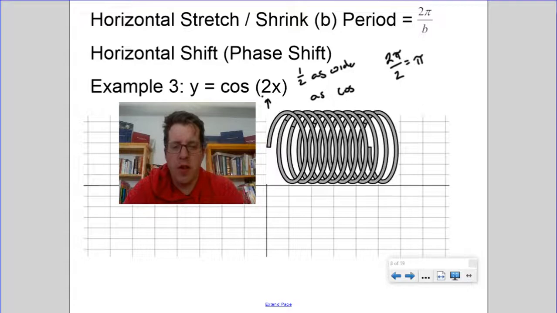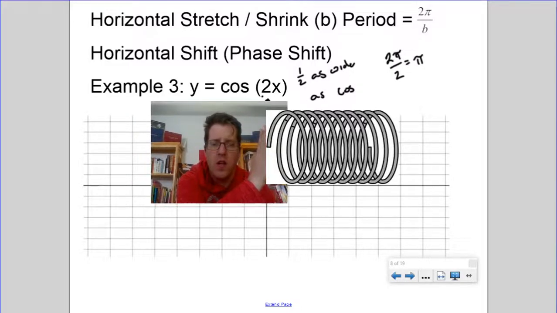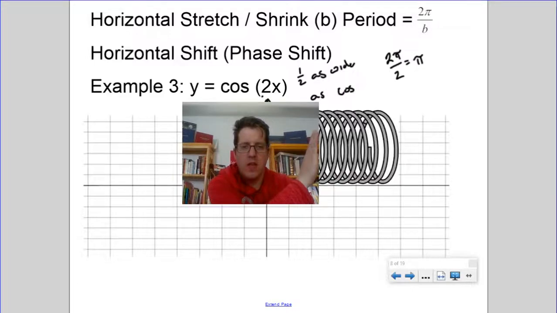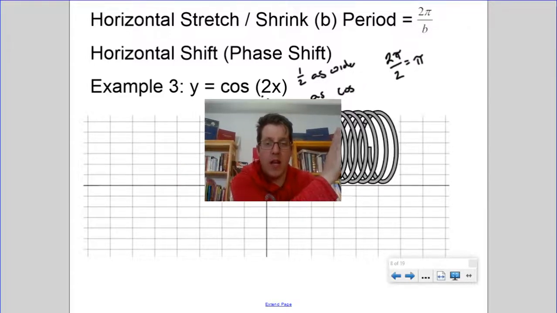I want you to think of the horizontal stretch and shrink of a trig graph like a spring. If you push on a spring, it will compress, but it won't get any shorter or taller. So as a trig graph compresses, it gets skinnier and skinnier without getting any taller.